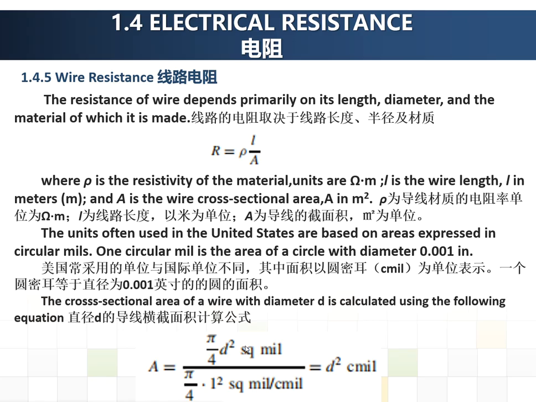Dividing by pi divided by 4, the unit is the square mil per cmil. Therefore, A, the cross-sectional area, is equal to d square. The unit of A is a cmil.